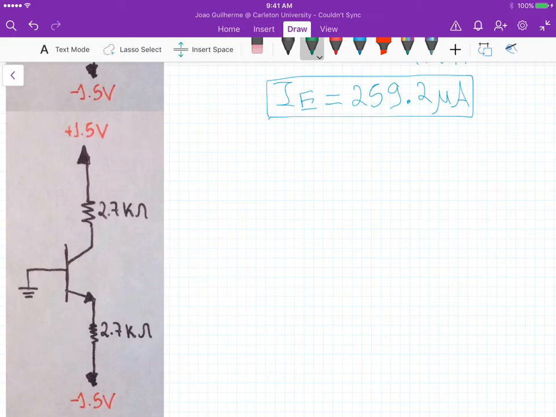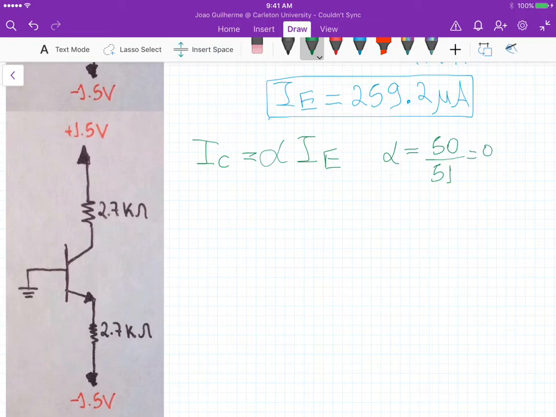the current at the collector as alpha times the current at the emitter. And if we calculate alpha from beta, we know that alpha is equal to 50 divided by 51, which gives us 0.9803.